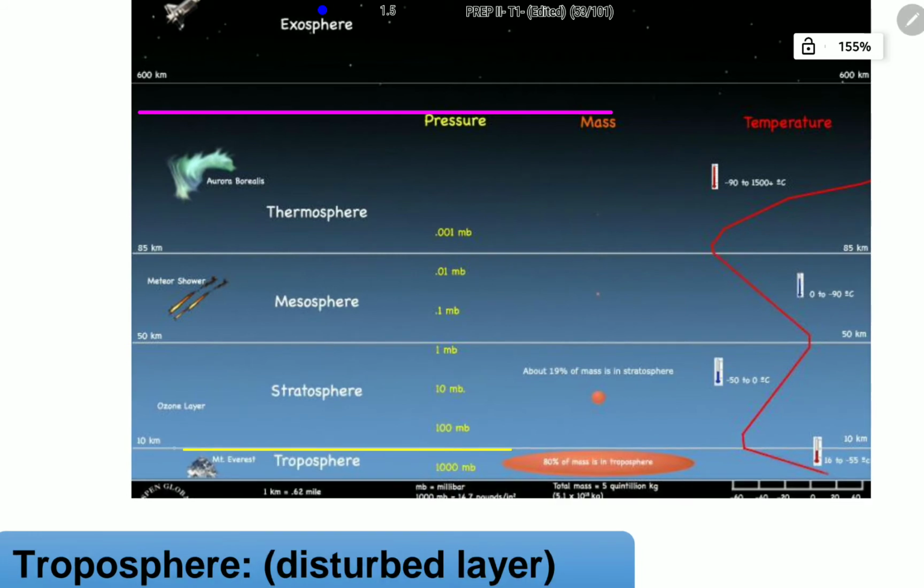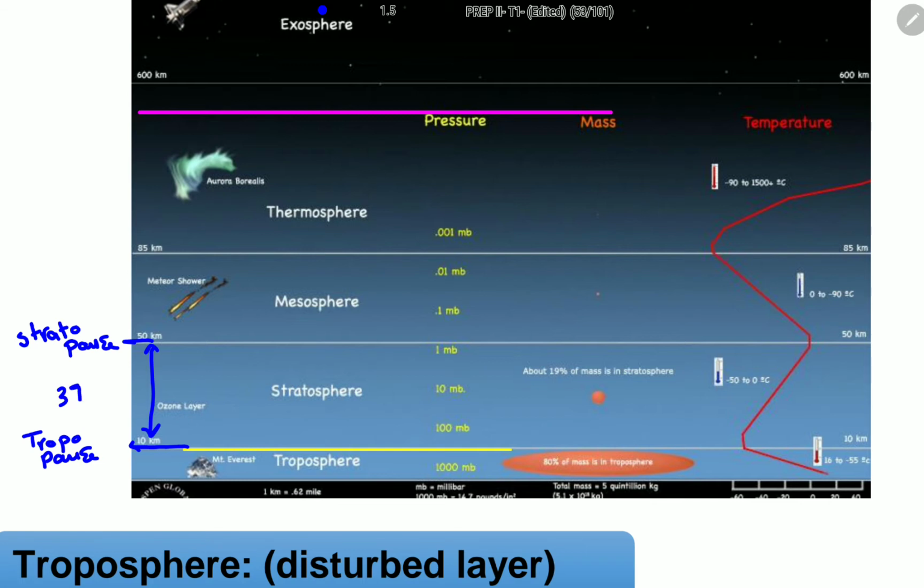This is the stratosphere. This line is called the tropopause, and this line is called the stratopause. So the stratosphere is between the tropopause and the stratopause, with a thickness of 37 kilometers.